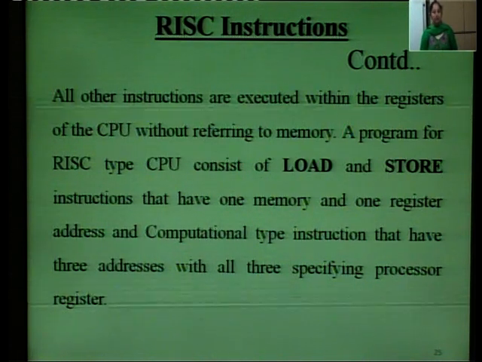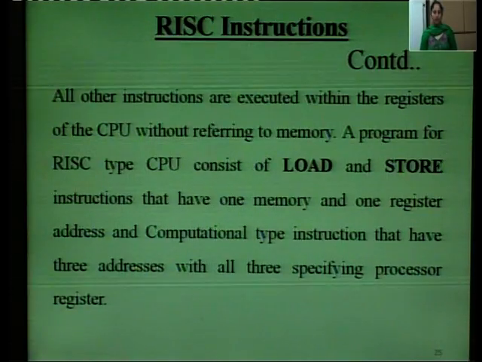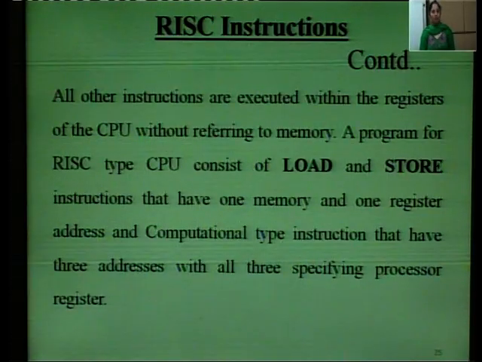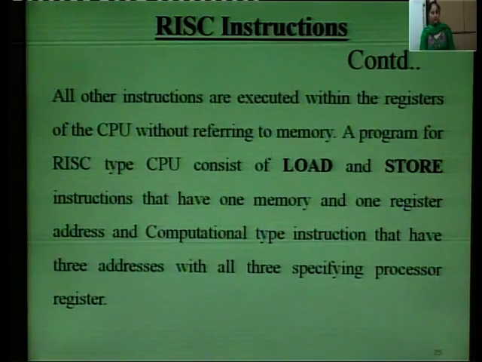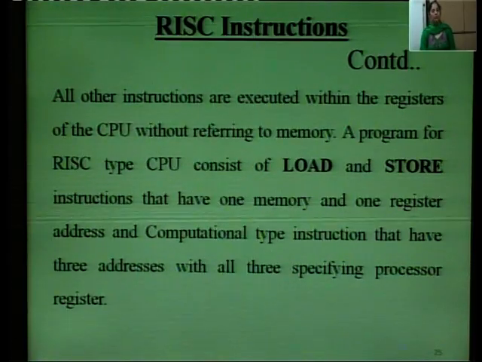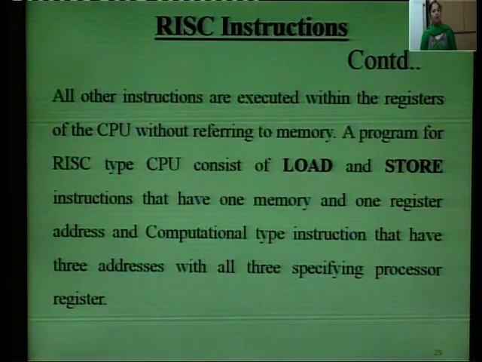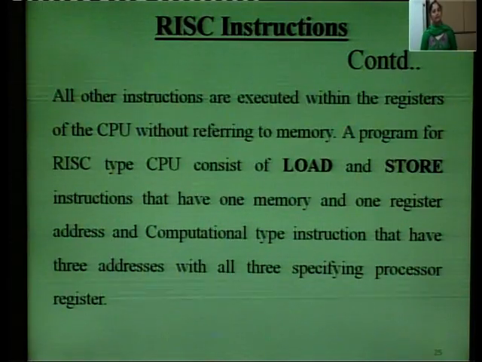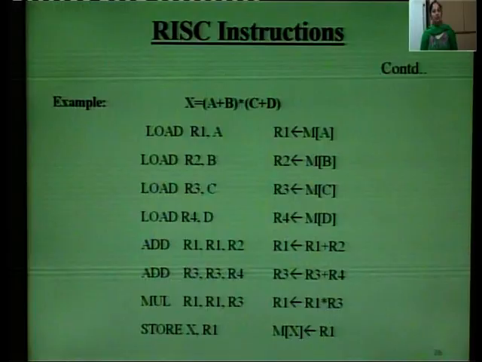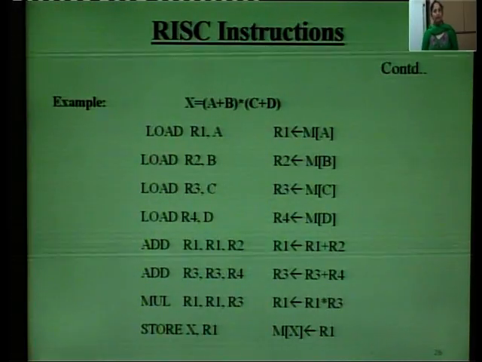A program for a RISC type CPU consists of load and store instructions that have one memory and one register address, and computational type instructions that have 3 addresses, with all 3 specifying processor registers. Here there is an example.